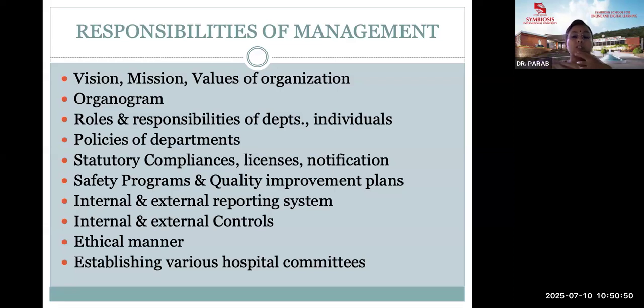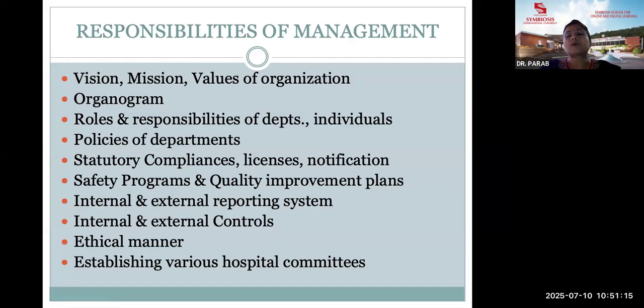Of course, it's their responsibility to get these things done out of their managing employees. The management is also responsible to support safety and quality programs. And they're supposed to lay out reporting systems, internal as well as external reporting systems, internal as well as external controls.